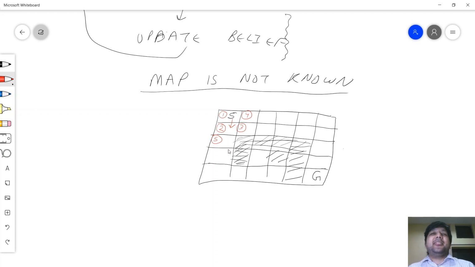Fair enough. I'm over here. Now to expand 3, I'll have to physically go here and expand these 2 nodes, which are 6 and 7. In order to expand 4, I mean, yes, I know it's a wall, it's useless, but the agent cannot see that it's a wall. It'll have to physically go over here and see that, okay, there's nothing to be done.